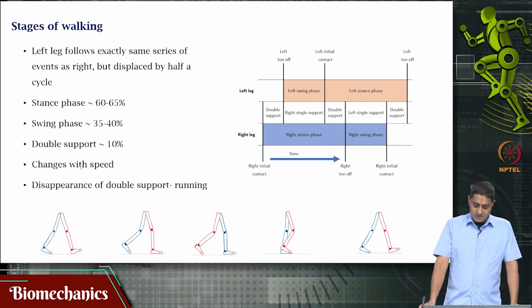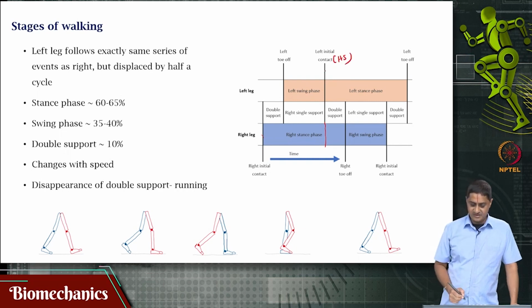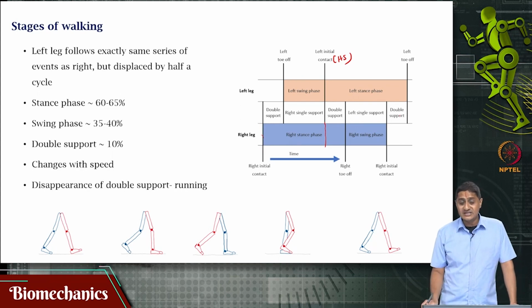Okay. So, let us take for example, the left leg is undergoing a swing phase. At that time, the right leg is undergoing a stance phase, and that makes sense because the left leg is swinging, is in the air, and the right leg is in contact with the ground. And then in the left leg, there is an initial contact or the heel strike that happens, but the right leg has not yet left the ground.